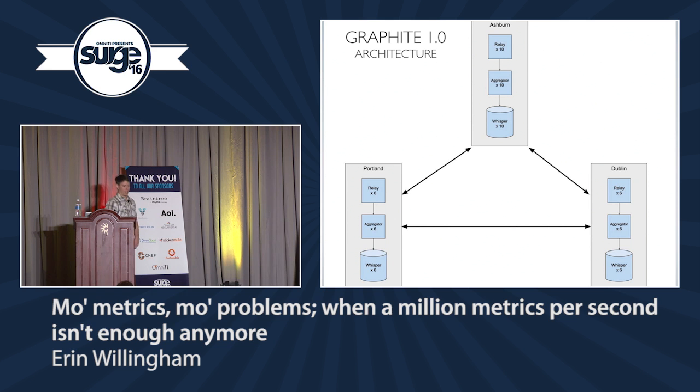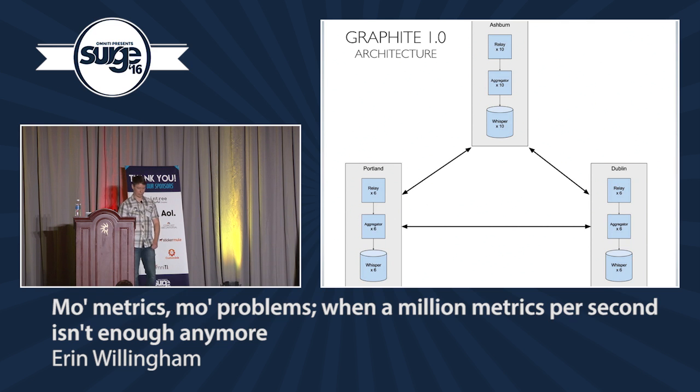So that's a little bit of what version 1 of our architecture looked like. We have 3 major data centers around the world: one in Ashburn, one in Portland, one in Dublin. The metrics originally went into a relay. The relays then passed the metrics on to aggregators. It was a single relay box to a single aggregator and then to a single Whisper backend, and that same vertical was in the 3 different locations.